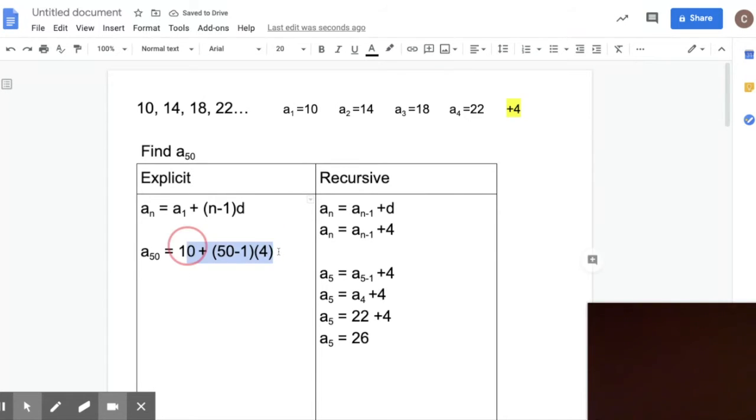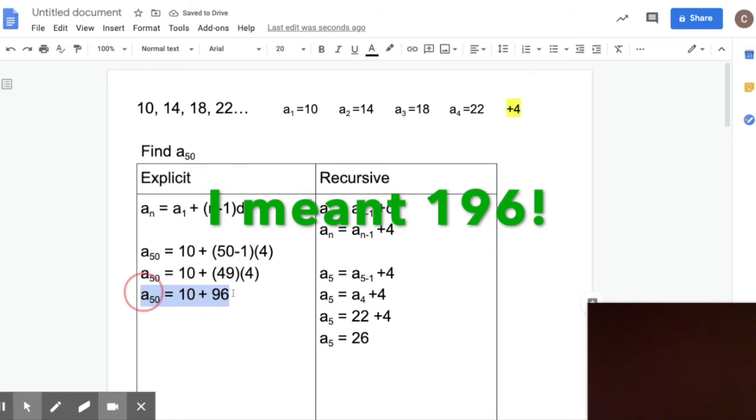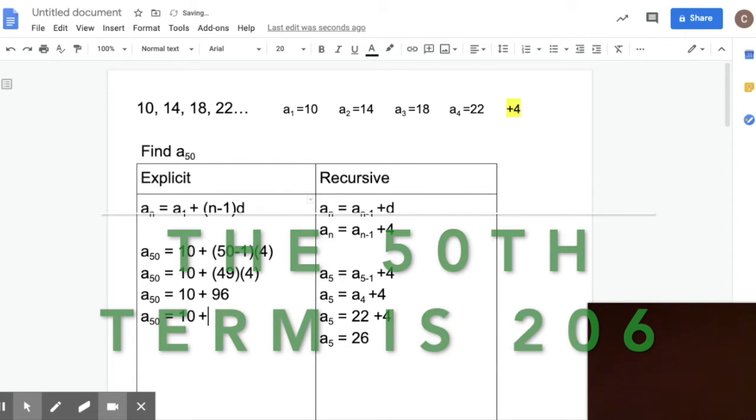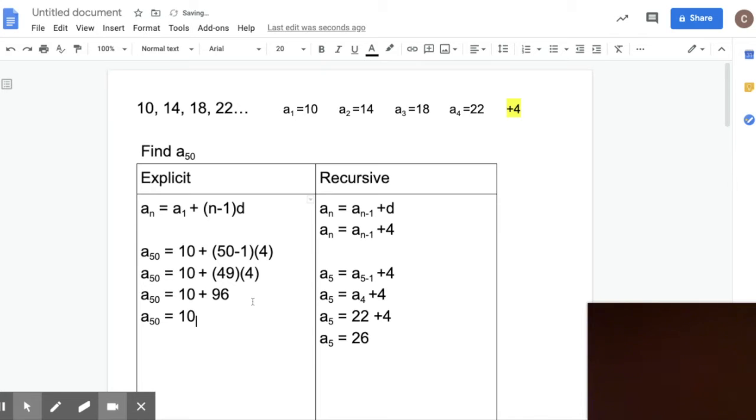Okay, so now let's simply do the math. 50 minus 1 is 49. 49 times 4 is 196. And now we're simply adding 10 plus 196, which gives us what? 206. Perfect.